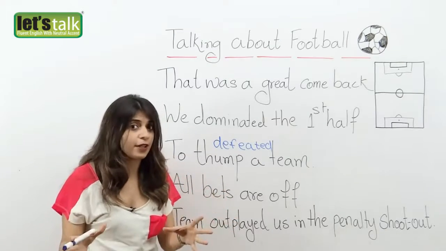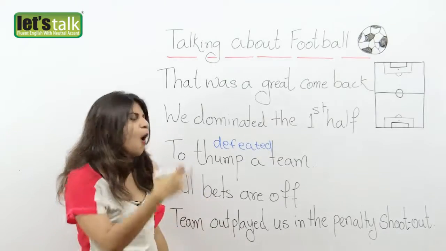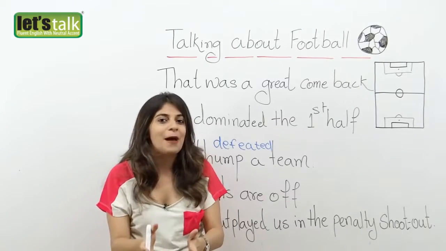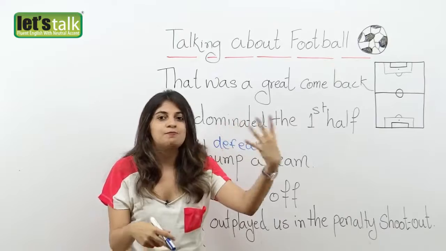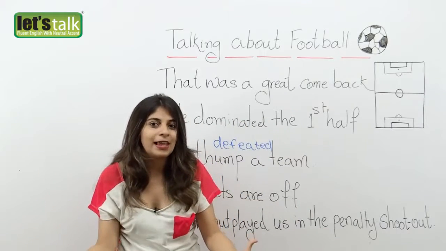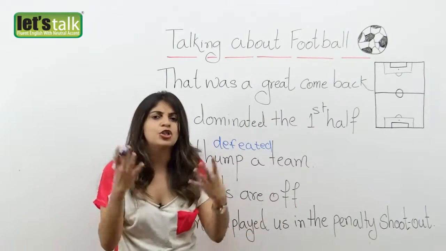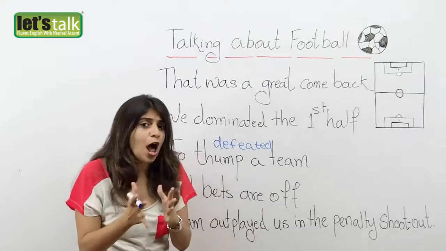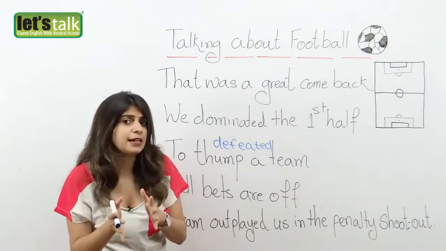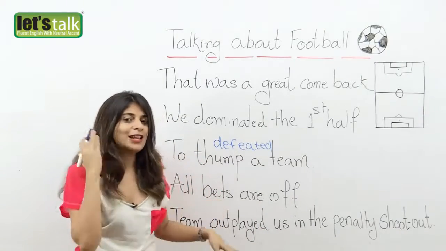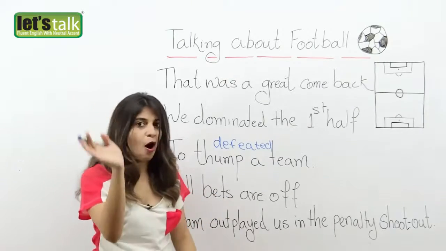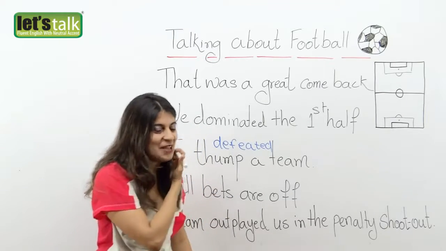It's very difficult. So you can say all bets are off for this match. So maybe it's Germany and Brazil playing and both teams are just too good. So you are not sure, it's pretty unpredictable who is gonna win, then you can say that all bets are off on this match, okay?